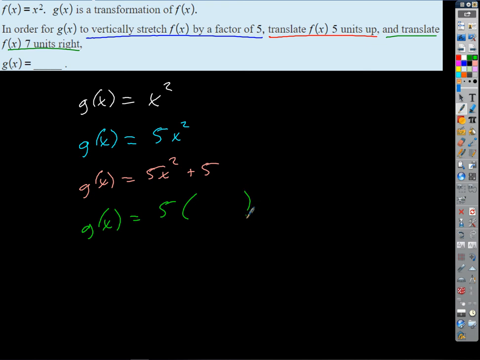Okay, that's where we subtract h from x. In other words, we replace the x with x minus 7, right? So this part just becomes x minus 7, and then squared, right? Does that make sense? Okay?